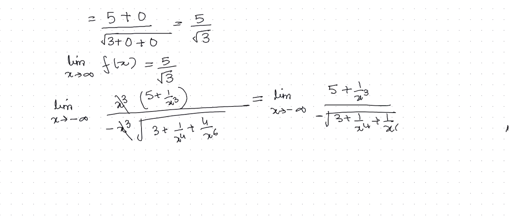This we put as negative because x is going towards negative infinity, and this is the cube. So we took out negative 1 here.